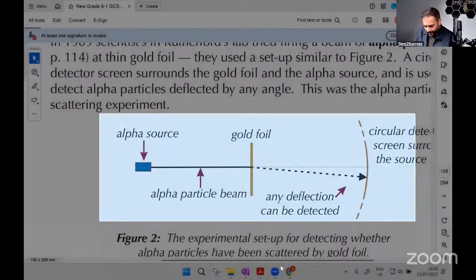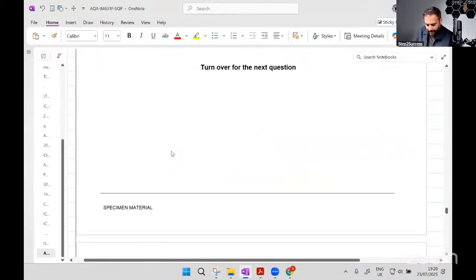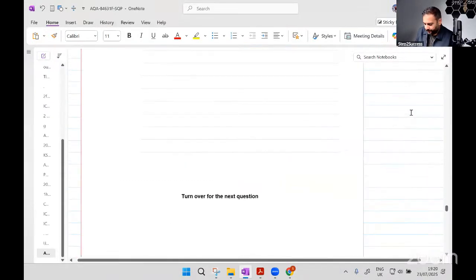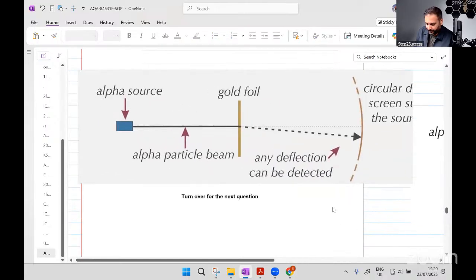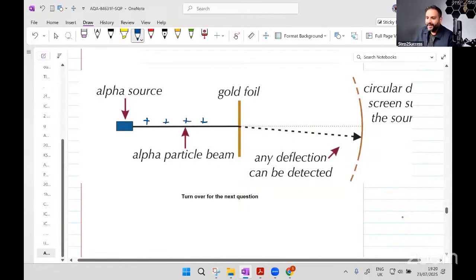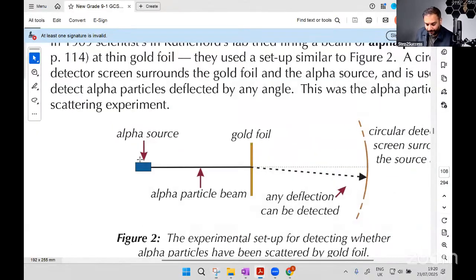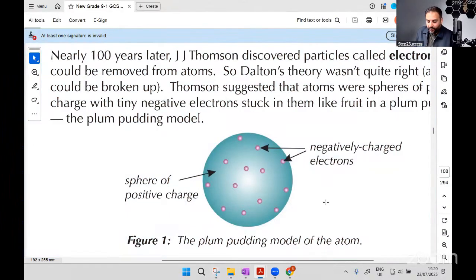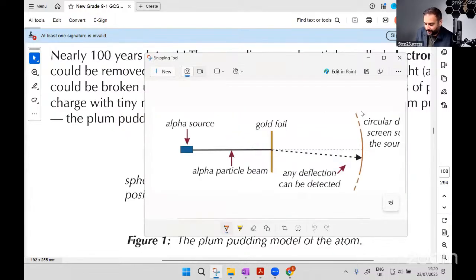So these alpha particles, they're positively charged particles, they were fired at this, right? And given what they thought that the atom looked like at the time, as in this thing here, what they thought would happen was that they put a detector on the far side here, so they could see when those particles went through and where they hit on the other side.